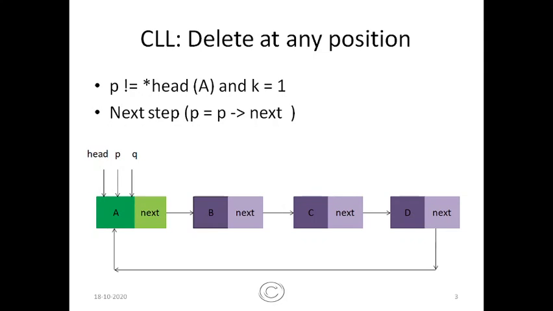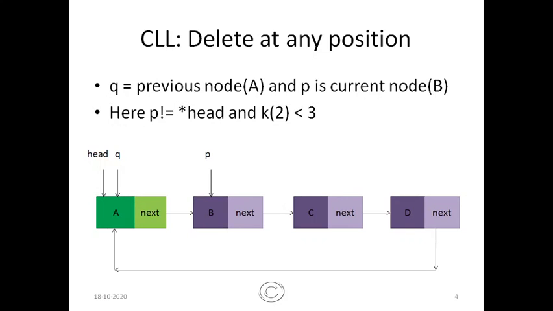Okay, so now we are at head node. So P and Q are also initialized to head node. Okay, so now we have traversed to the next node. So P next is not equal to head and k is less than 3, so we'll increment k plus plus.